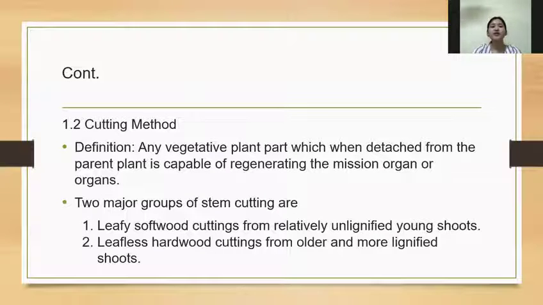So next is for cutting method. Cutting method is also known as any vegetative plant part which, when detached from its parent plant, is capable of regenerating the missing organ or organs. So for cutting method, it is mainly used to develop plant similar to its parent plant, and it is also physiological, biochemical, and cytological influence the root development.